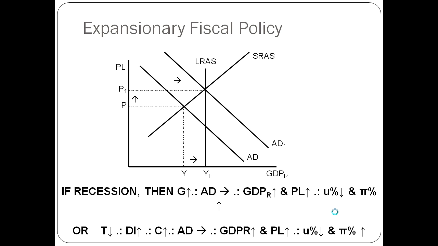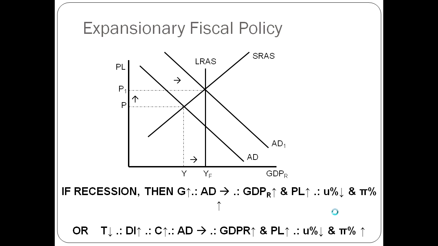The second tool that the government can use here is to decrease taxes. If you have a decrease in taxes, that implies an increase in disposable income, which implies an increase in consumption, which implies aggregate demand is going to shift to the right, which implies that real GDP goes up and the price level goes up, which implies that the unemployment rate goes the opposite of real GDP, which is down, and the inflation rate goes the same way as the price level, which is up.